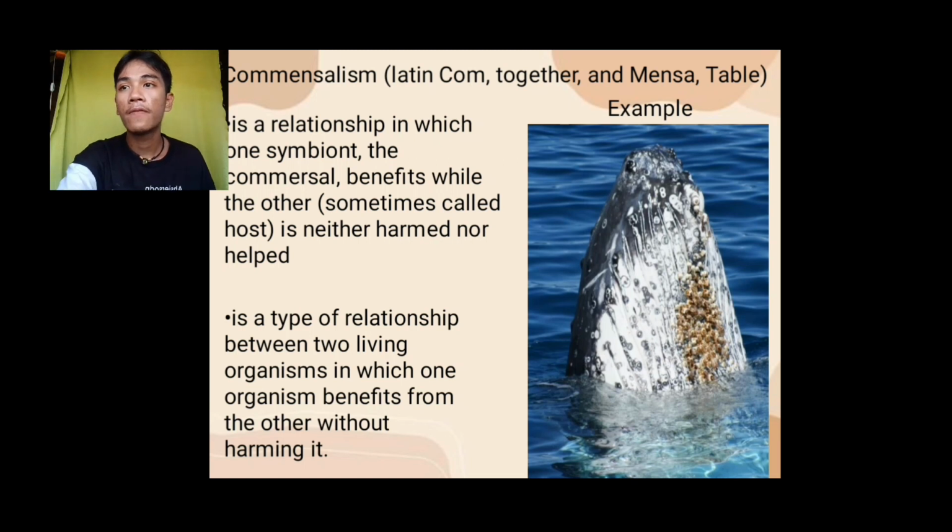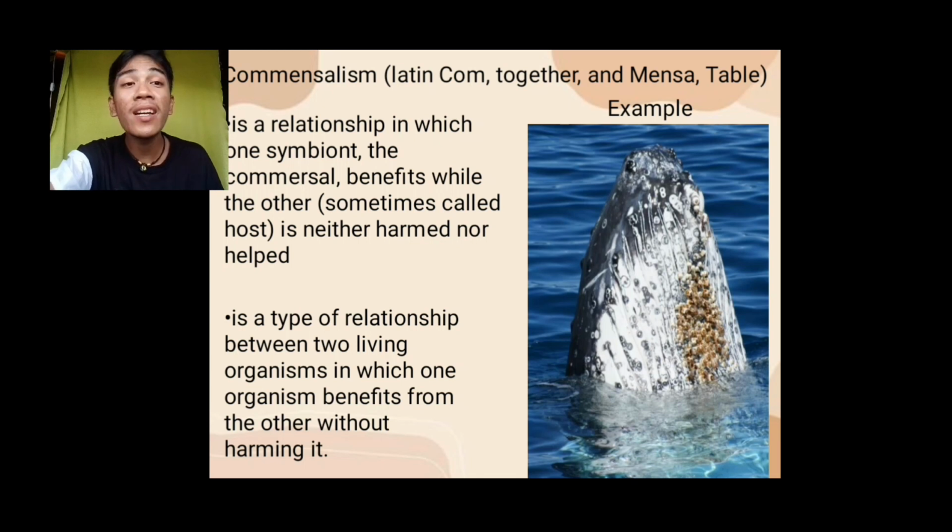And of course, you can see in the pictures an example. Okay, as you can see, it is a whale, and the yellow ones attached to its skin are the barnacles.